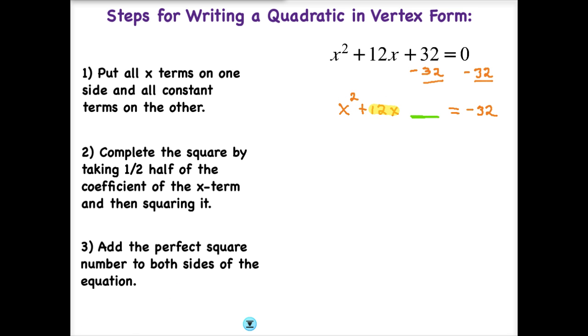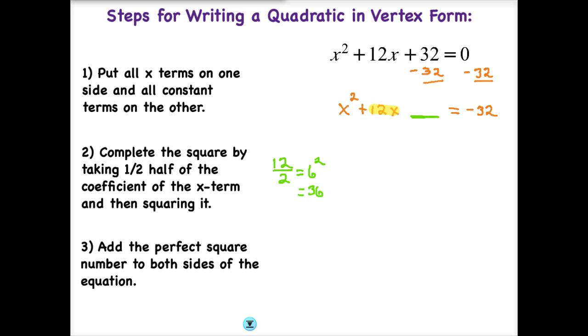So here we have our 12, and we're going to take half of that, which gives us 6, and then we'll square it to get 36. If you think about what we're doing, we're finding a number that's half of this, and then we're squaring it to get the 36.